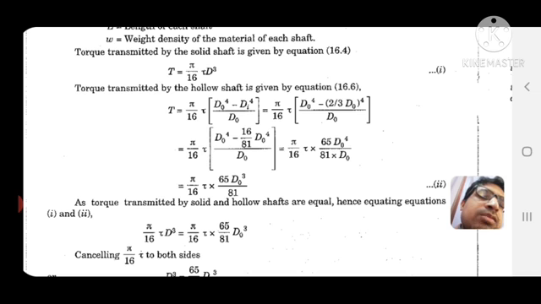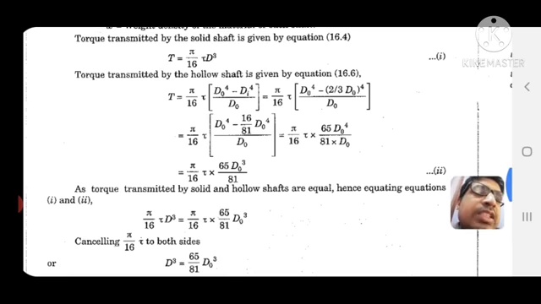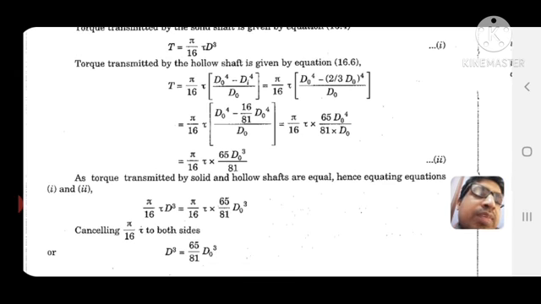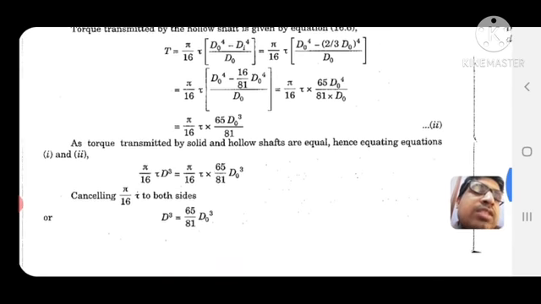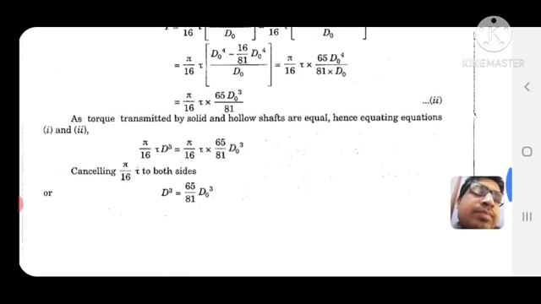So D0 to the power 4 minus 16 by 81 D0 to the power 4, divided by D0. So that is equal to pi by 16 tau into 65 D0 to the power 4 by 81 D0, which is pi by 16 into tau into 65 D0 cube divided by 81.